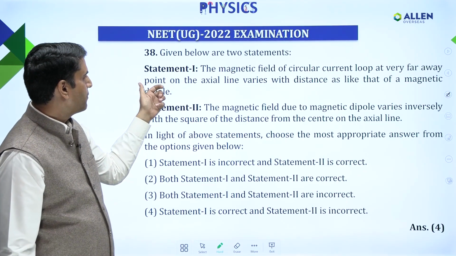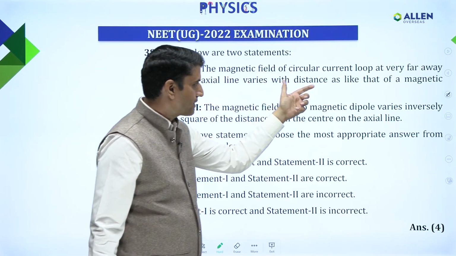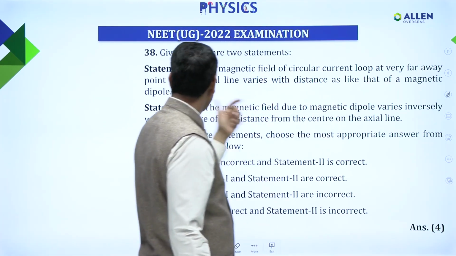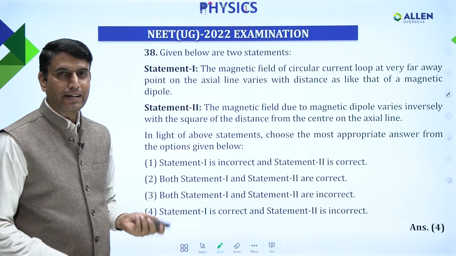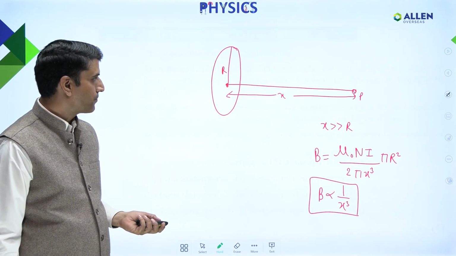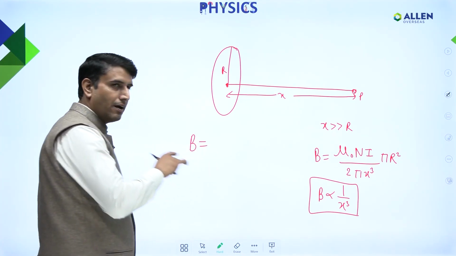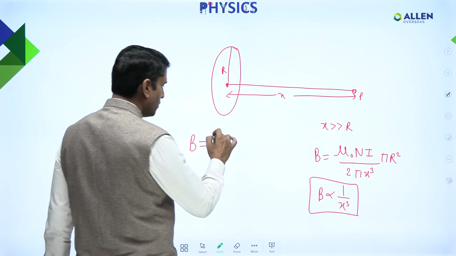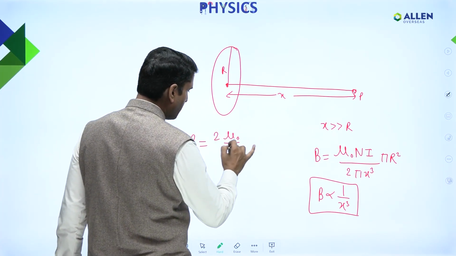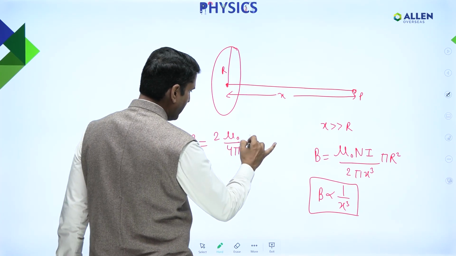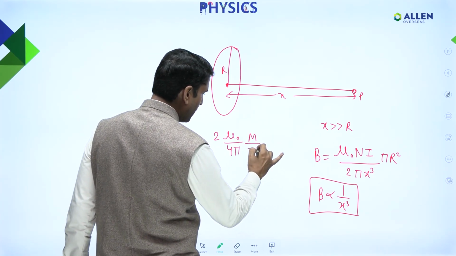Very far away point on the axial line varies with distance like that of a magnetic dipole. Yes, for a magnetic dipole also we know that the magnetic field on the axial line would be 2 mu naught upon 4 pi, m upon r cube.